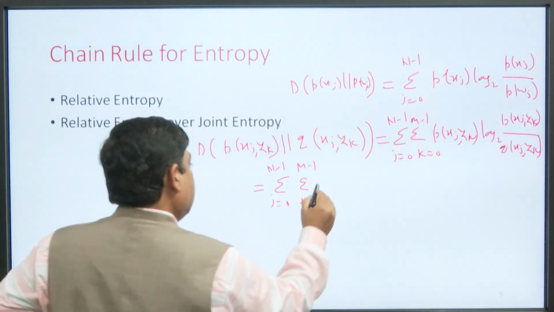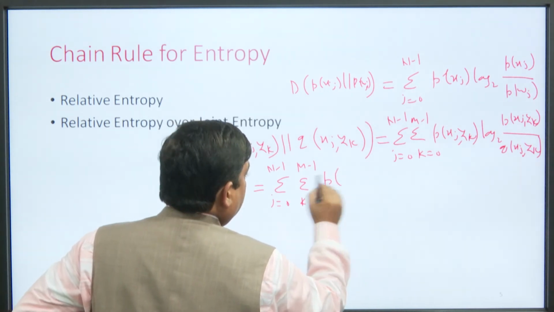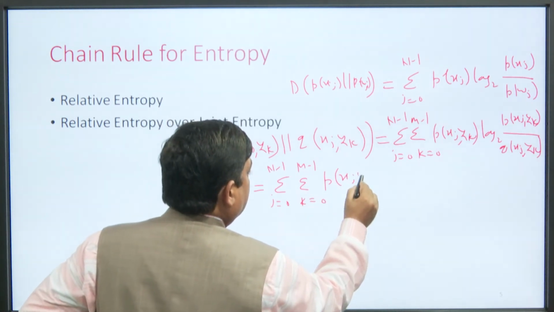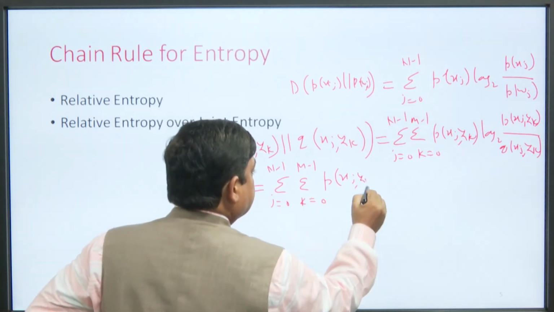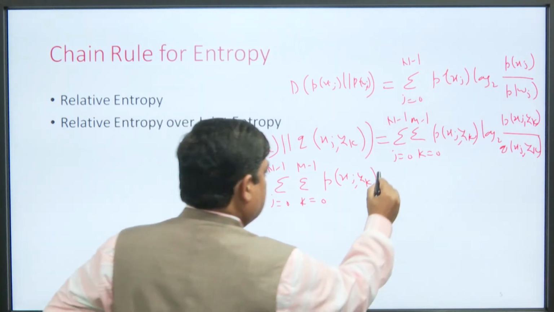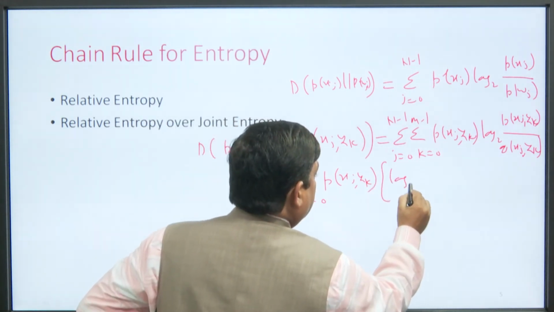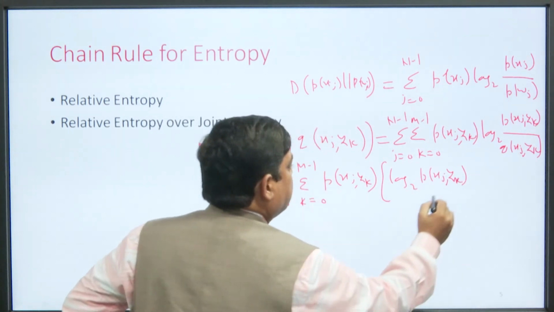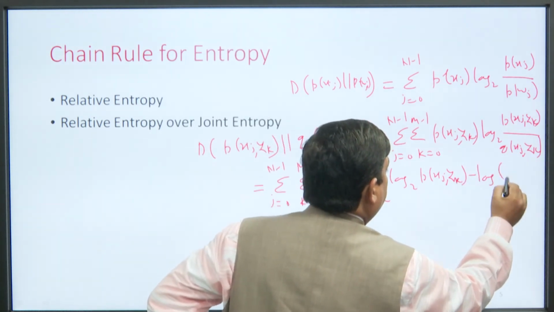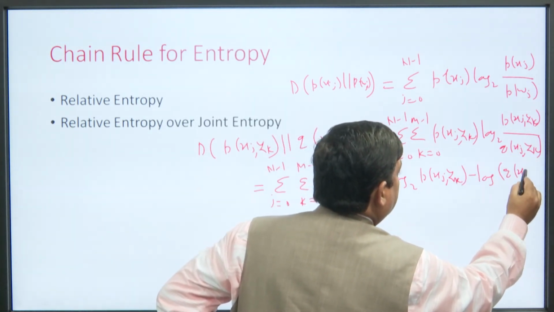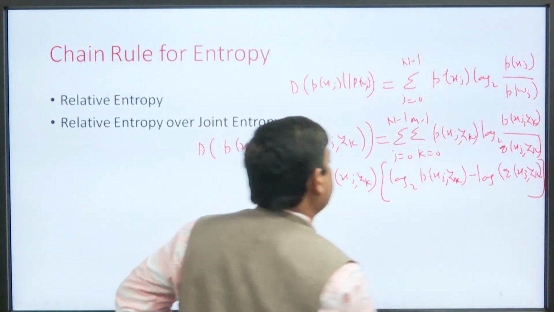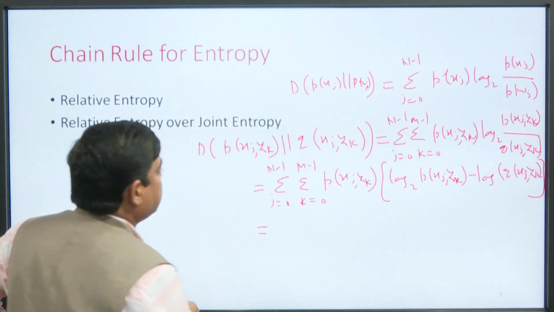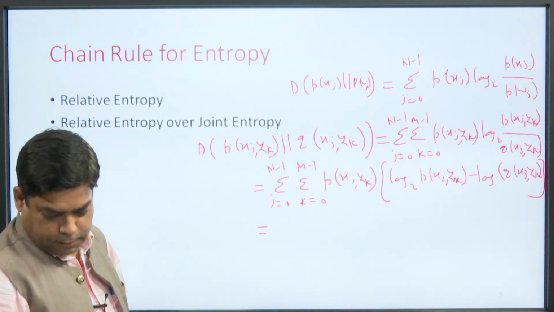P(xj, yk) can be written as summation over p(xj, yk) into log of this one, then log of p(xj, yk) minus log of q(xj, yk). Okay. These two terms can be written separately.